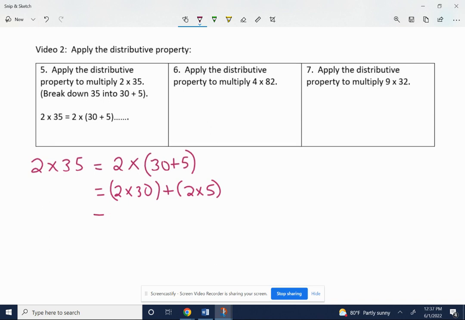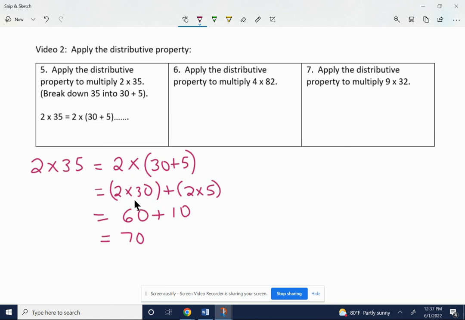Okay, 2 times 30 is 60. 2 times 5 is 10. I can just take 60 plus 10, and 60 plus 10 is 70. Okay, this is called the distributive property. We'll get into this in a lot more detail later when we use variables.